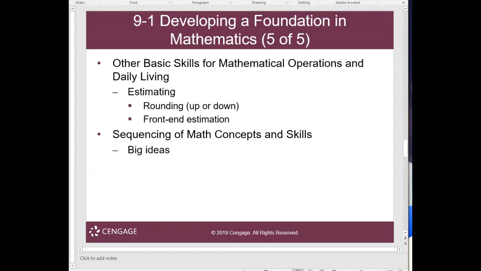So we also want to think about other basic skills for mathematical operations, daily living, estimating, stuff like that. So that comes into play when, okay, I have to be somewhere at 1:30. Well, I have to think about how long it will take me to get ready. It might take me about 17 minutes. Okay, I'm going to round that up to 20 minutes. Then I have to drive my car for 20 more minutes.